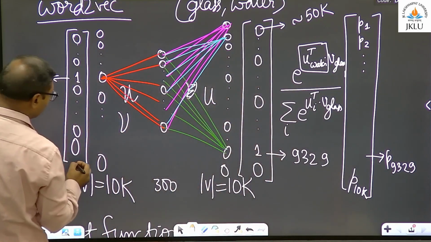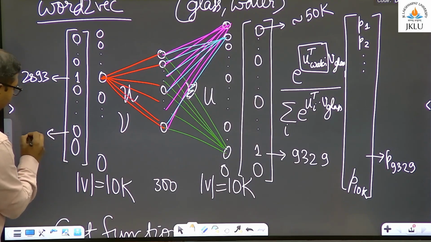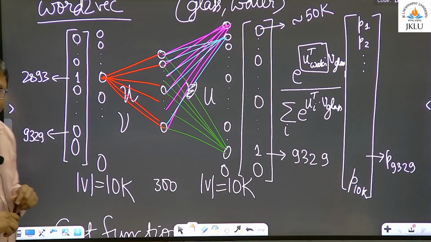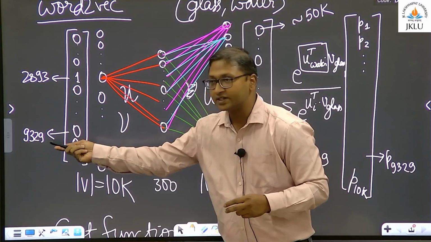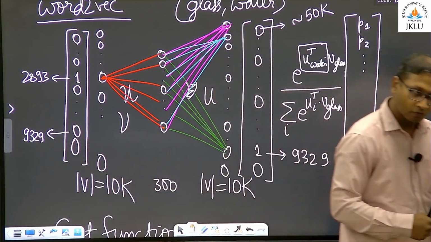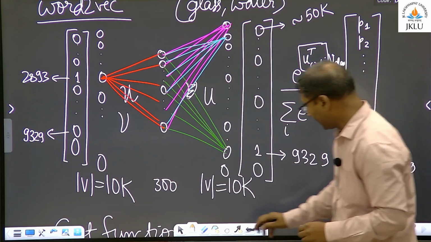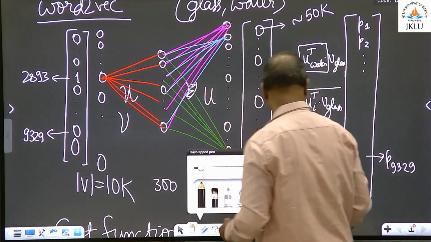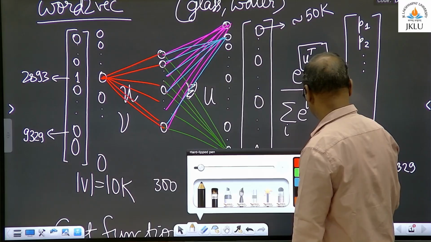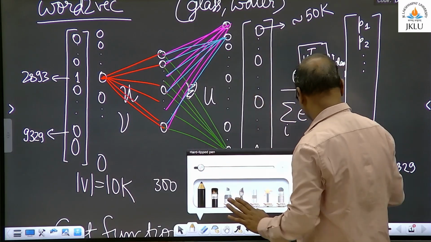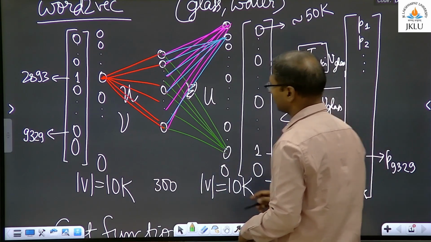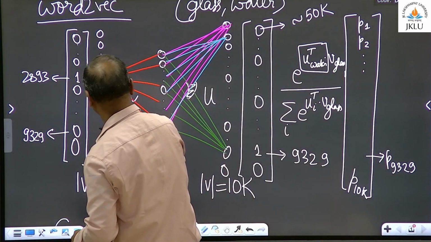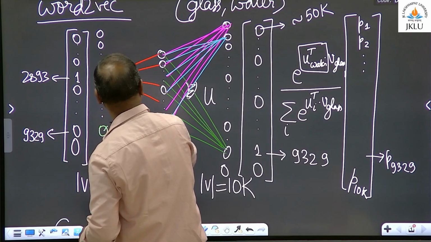Now tell me, what occurs here at 9329? At this place, which word occurs? Water. So which color will you have?